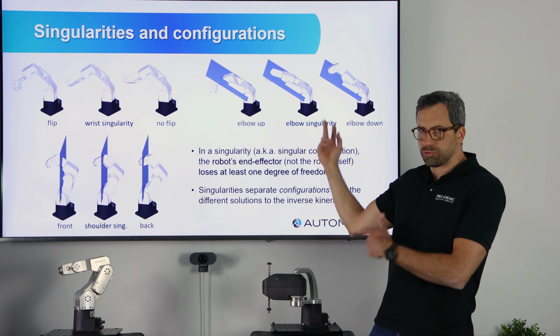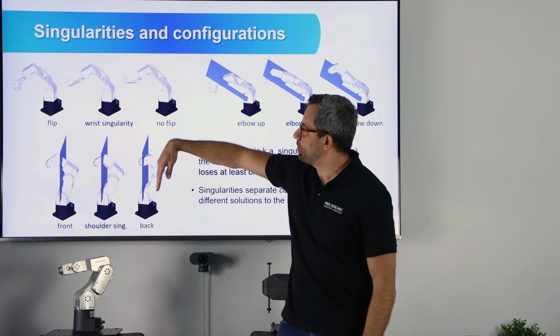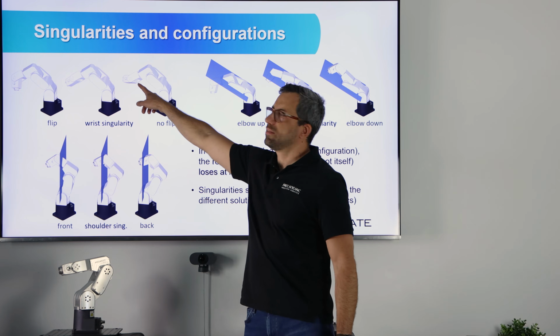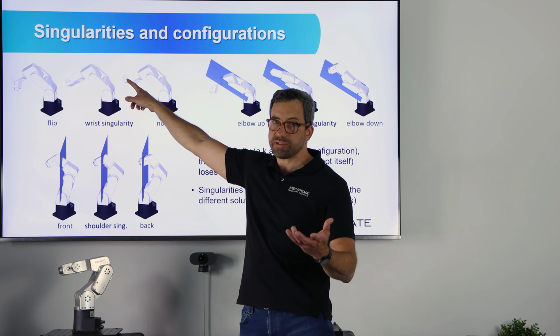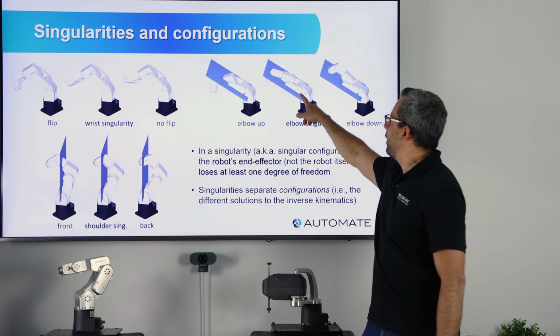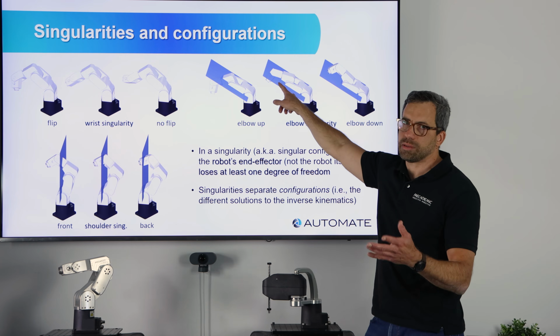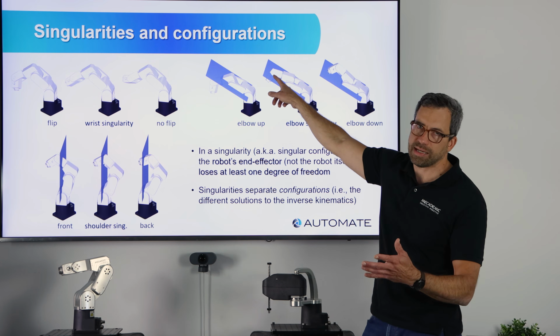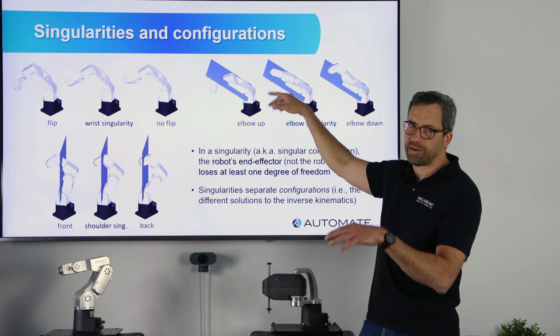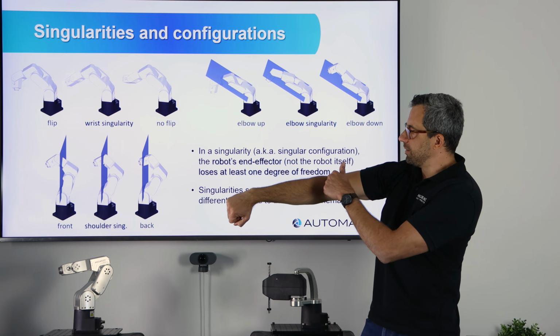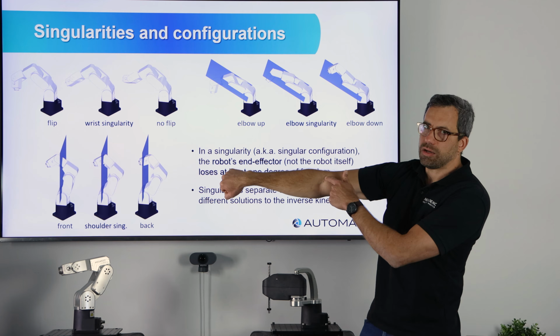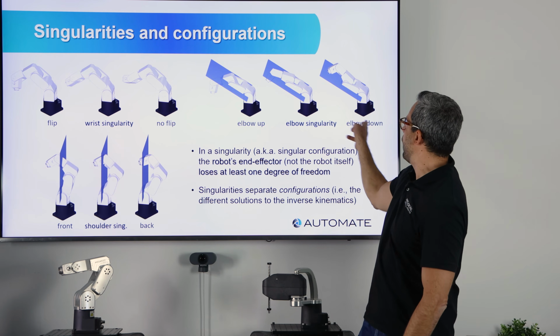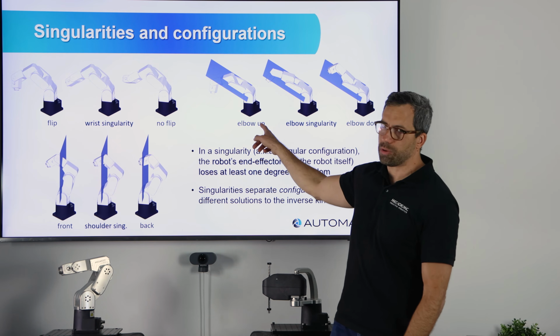And these 2, 2, 2, they are called flip, no flip, basically theta 5 equal positive or negative. Some kind of angle, sometimes it's 0 degrees, sometimes it's 90 degrees, whatever, it's a constant value. So when this angle is less than this value, it's like elbow down, otherwise it's elbow up.